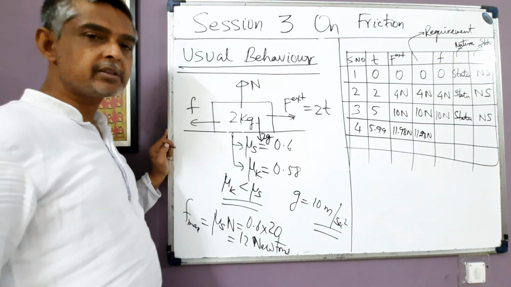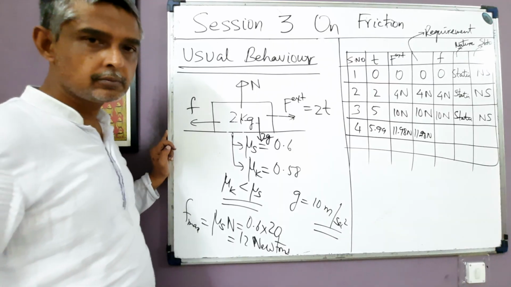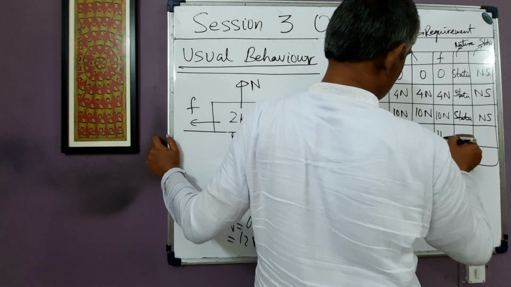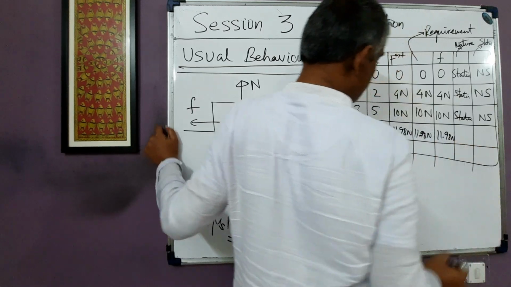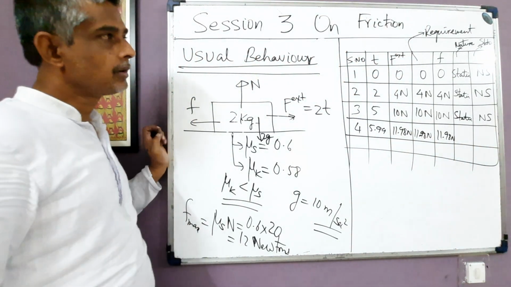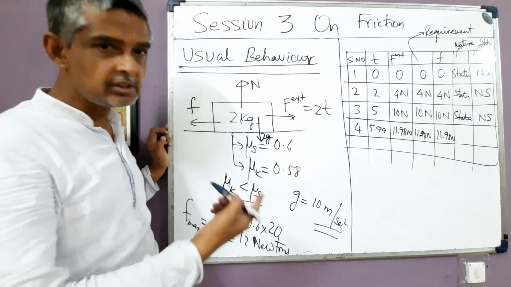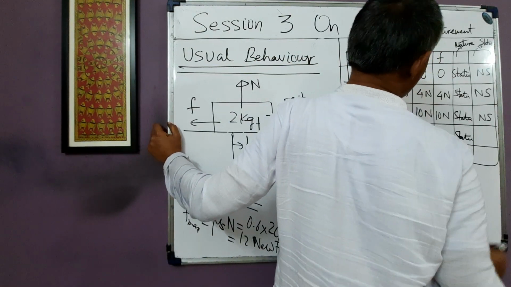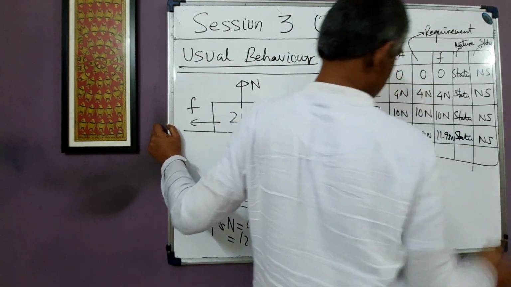How much is needed to prevent slip? 11.98 Newton. So requirement is again going to be fulfilled. So actually how much friction will act on it? 11.98 Newton friction will act. Again, the nature of this friction will be static because there is no slip, and status again will be no slip.